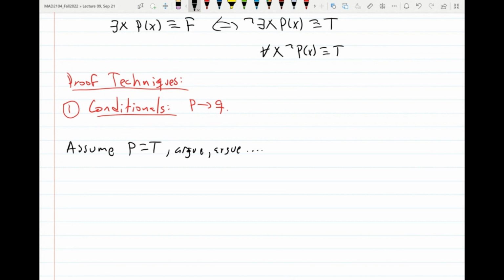So assume that P is true, argue, and then the hope is that eventually we can say, therefore, Q is true. If we manage to say the magic words, therefore, or so, as a result, or whatever, then we're done. So that's the idea. Assume the beginning, work towards the end, and prove that the end is true. Okay? Let me give you some examples so you can see what I mean by this.